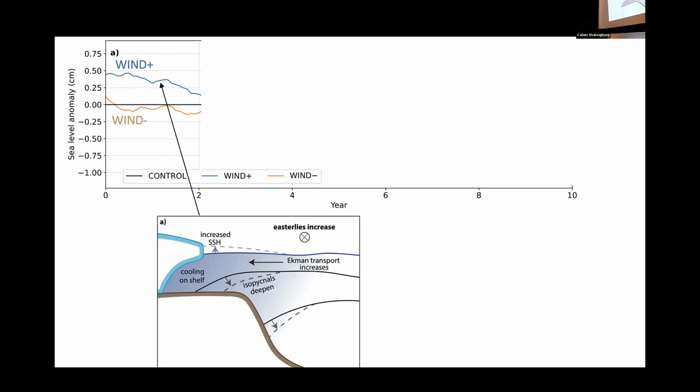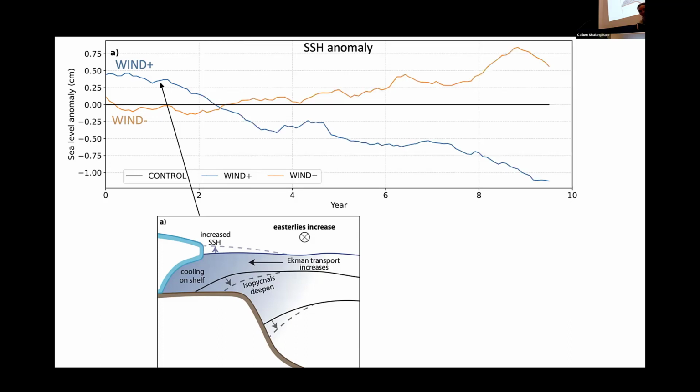This is initially what we see in the first couple of years: higher sea level, and generally a negative sea level response in the decreased wind experiment. However, as we go further along in the simulation, we actually get the opposite response, a decrease in sea level, which is the opposite of what we expect.